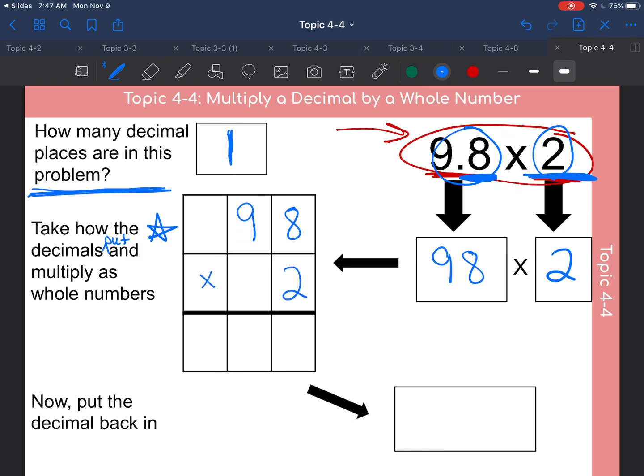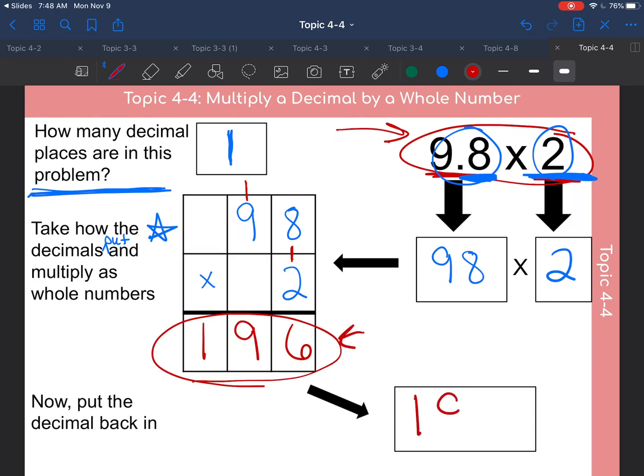Okay, so if we do that, 98 times 2, we have 8 times 2 is 16. 9 times 2 is 18 plus 1 is 19. So our answer is 196, but that's not our final answer, okay? Because we were multiplying by decimals, our answer is also going to have a decimal.